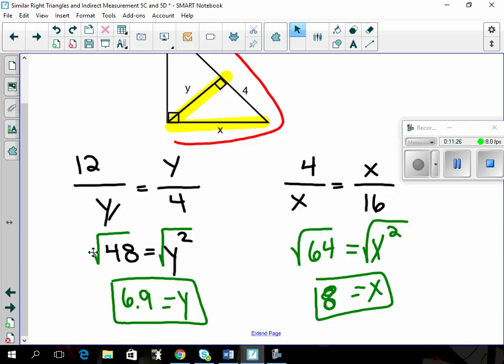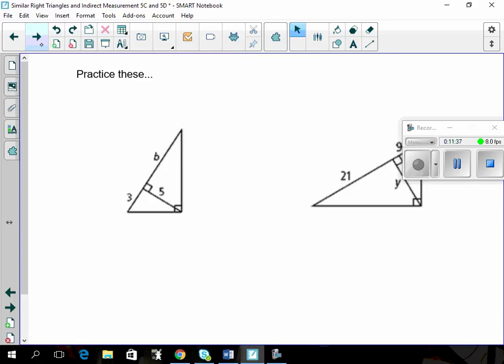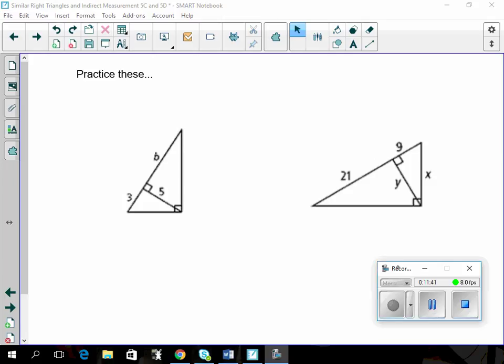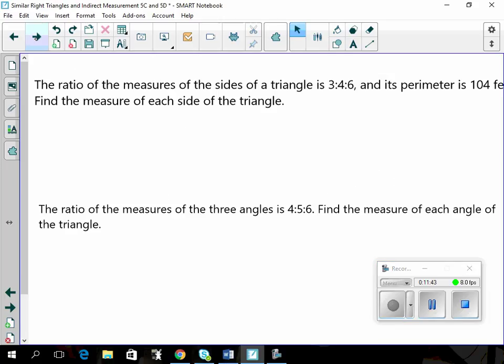So what I'm going to do is pause the recording here for just a second. Remember how I said you had to have that blank piece of paper out? The blank piece of paper is for you to practice these two problems. You also have another 2 word problems that we're going to practice as well.